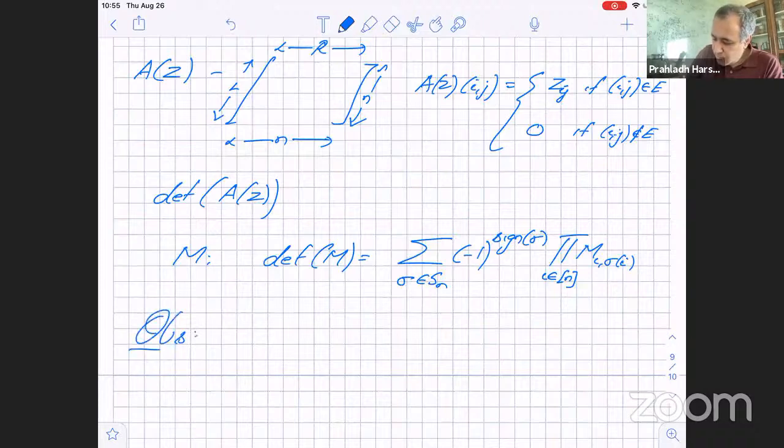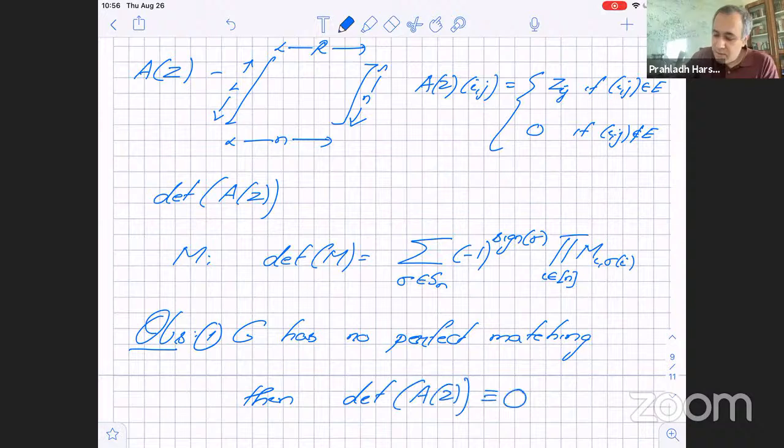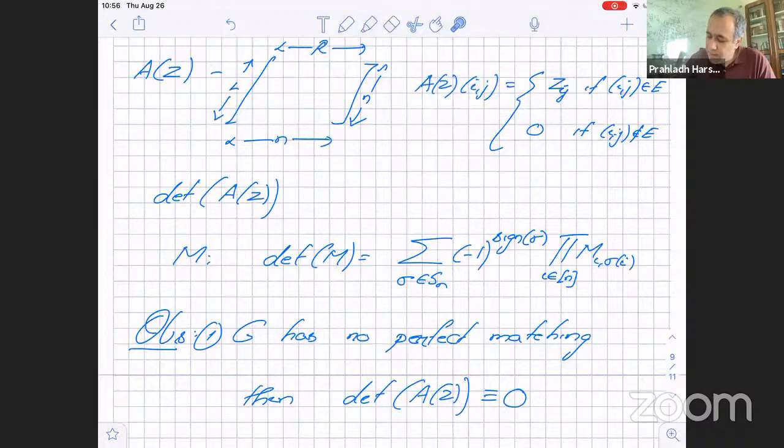Fact: if G has no perfect matching, then that's the first observation. Then the determinant of AZ is identically the 0 polynomial, because every single term I pick up in this definition will have at least one factor which is 0. There is no perfect matching, so each one of them turns out 0. Therefore, it's identically the 0 polynomial.